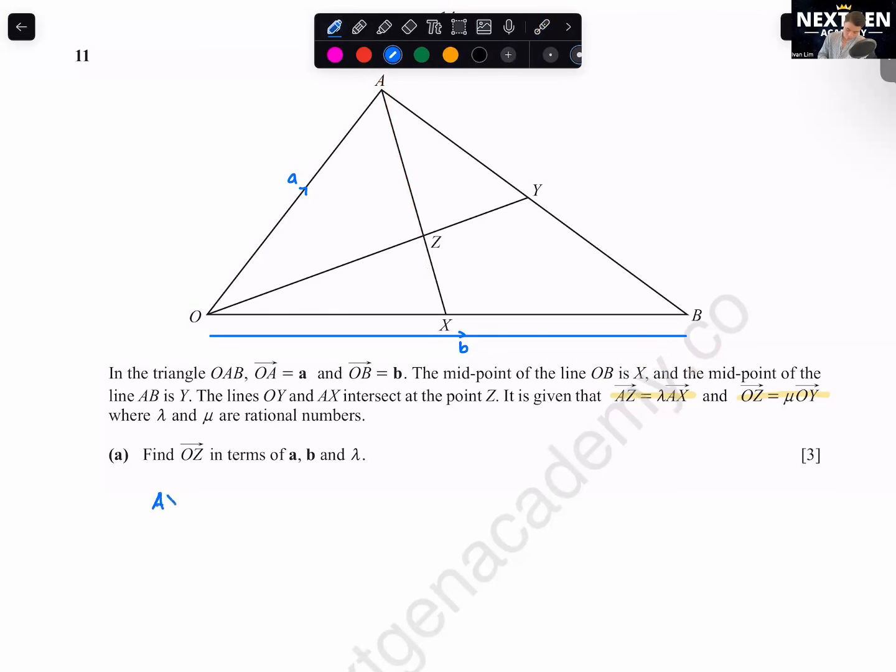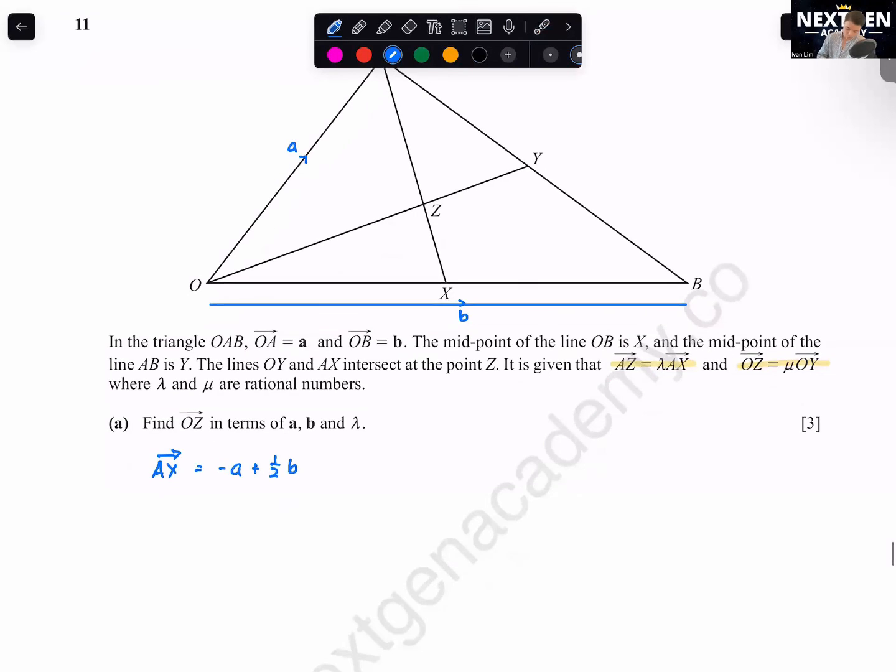AX will be equals to negative a plus 1/2 b. AZ will be lambda AX. This is given in the question. Lambda (negative a plus 1/2 b). Okay, then we need to find OZ. OZ is OA plus AZ.